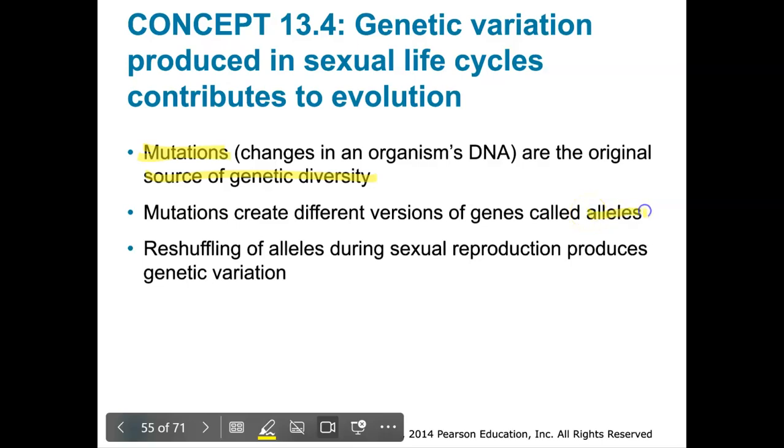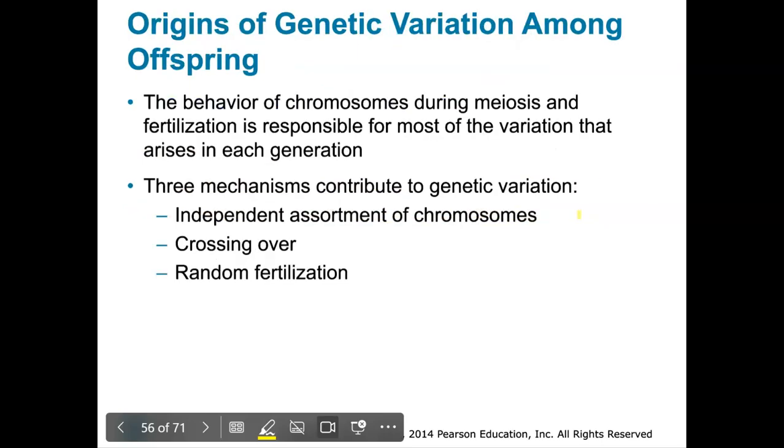So mutations create different alleles, different versions of the genes that are going to lead to different traits. So the original source of diversity is just mutations in the DNA that happen when DNA replicates.